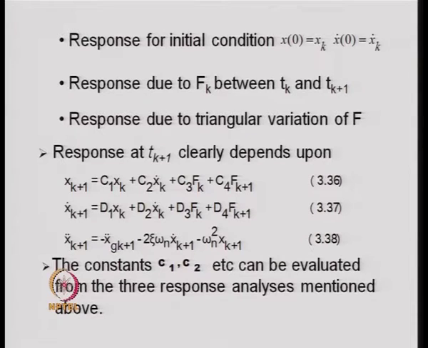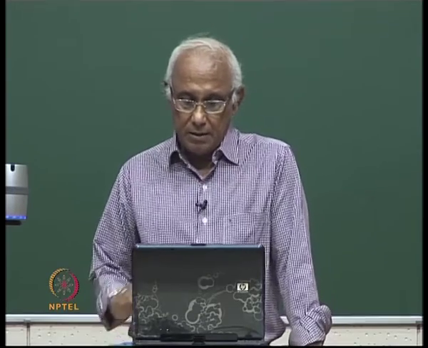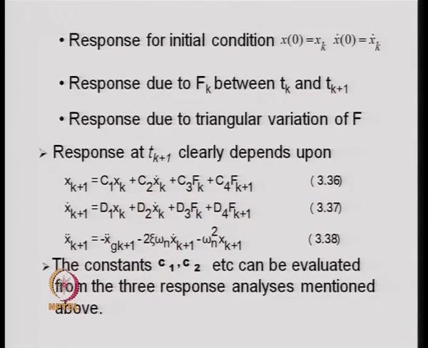So, this is the first part of the response. The second part of the response is due to Fk, that is constantly acting over the duration of time delta t, and the third portion is the triangular variation of the load between k and k plus 1. So, the responses for these three would provide the final response at Tk plus 1.